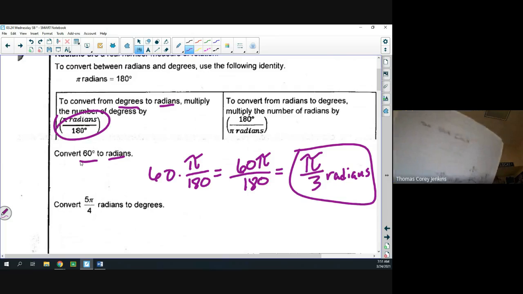Well, if you punched in pi divided by 3, it'd be about 1.05. But usually you keep them in fraction form since pi is irrational.